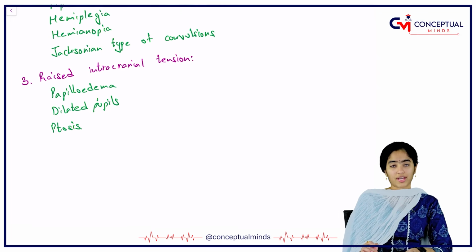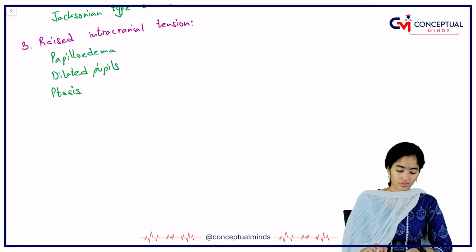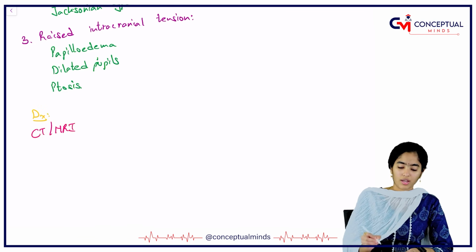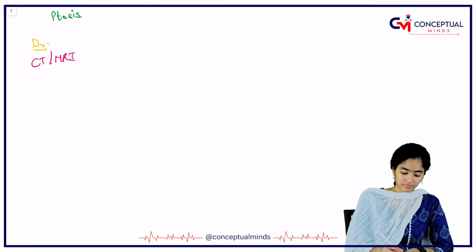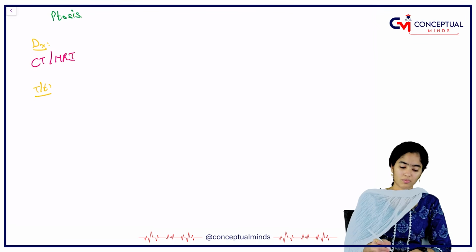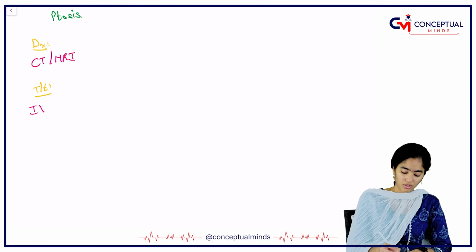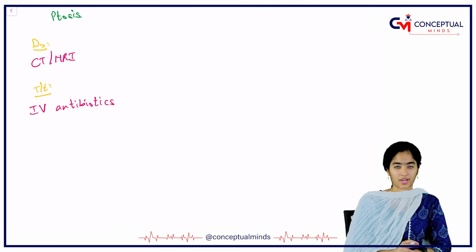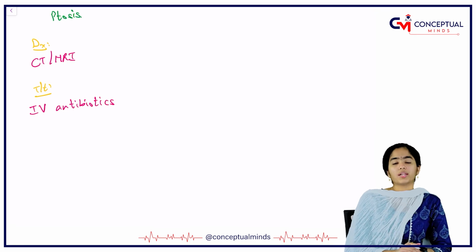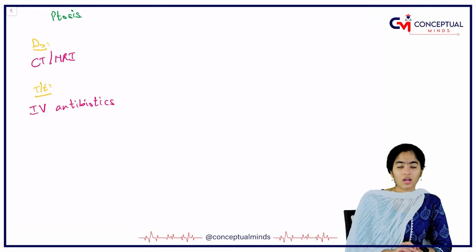For a diagnosis, we need to do a CT scan or an MRI. And how do we treat this? Intravenous antibiotics are prescribed to control the infection. After the infection gets controlled, we need to look for the causative factor, the ear disease, or if there is anything else, and then proceed with mastoidectomy. Now, what you have to remember is this is actually a neurological emergency.